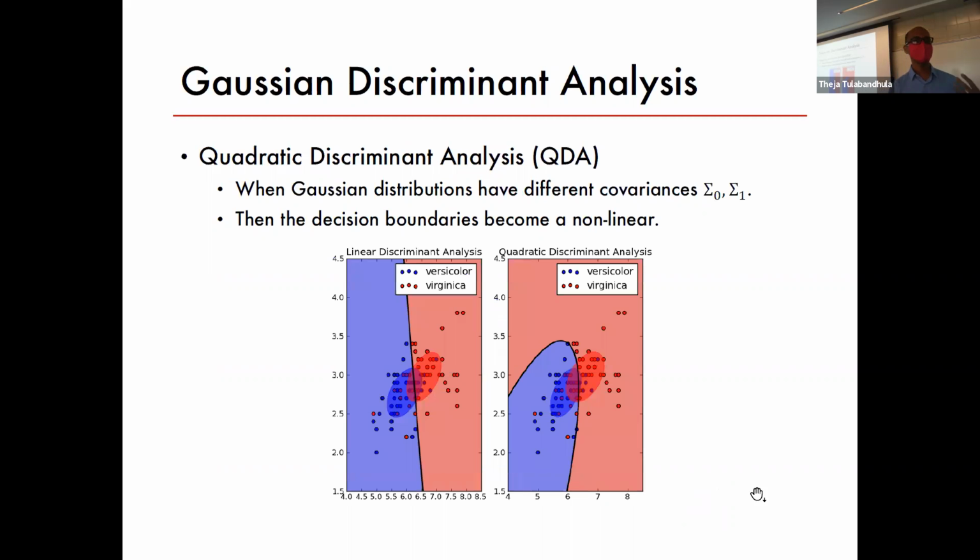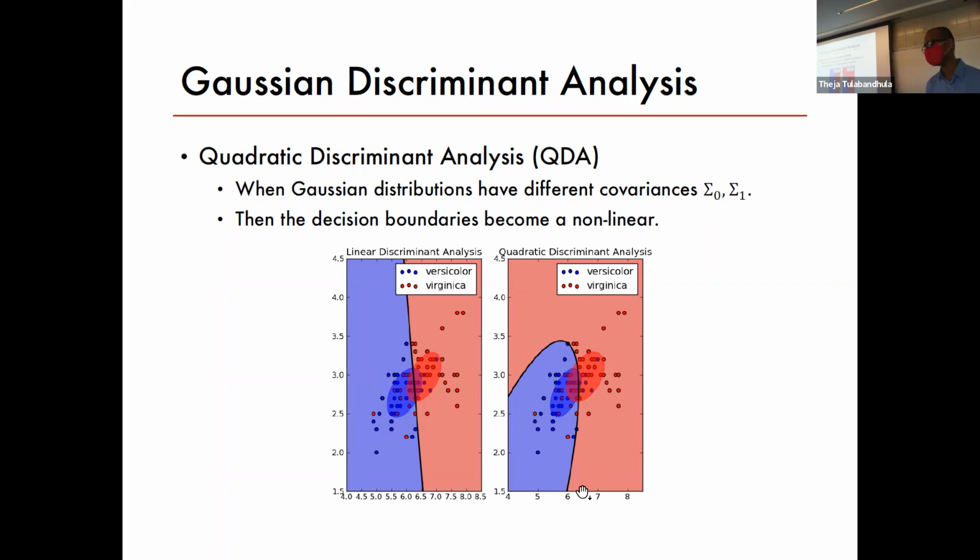If you choose to use different covariances, then you will have a nonlinear decision boundary. On the left side is a linear decision boundary, I think this is by scikit-learn. If you use different covariances, it's called quadratic discriminant analysis, and it's a curve like this.